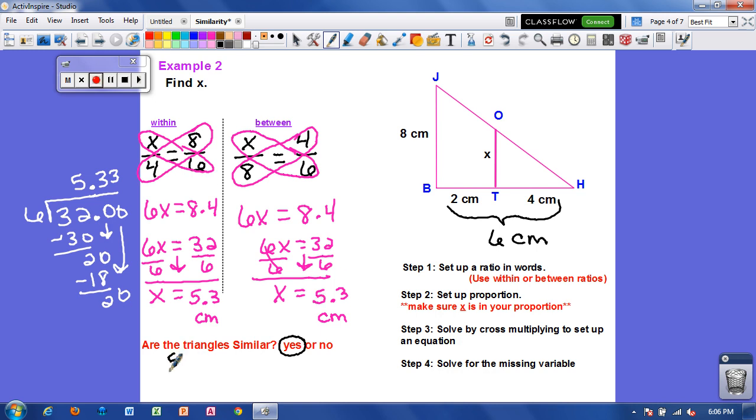So if we do 5.3 times 6, we are going to get 31.8, which is not 32, but that's because we can't do 5.3 repeating times 6. Whenever we do it that way, we did round, so it's going to come out close, but it's not going to be the same because it's 5.3 repeating. So keep that in mind. But yes, these triangles are going to be similar.